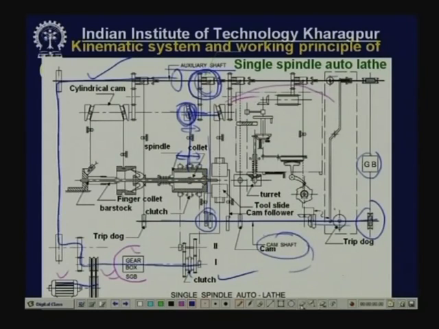Next is the bar feed mechanism. In the bar feed mechanism, the collet has to be opened. When this push tube is moved in this direction by this lever, this collet will open and the job will be free.